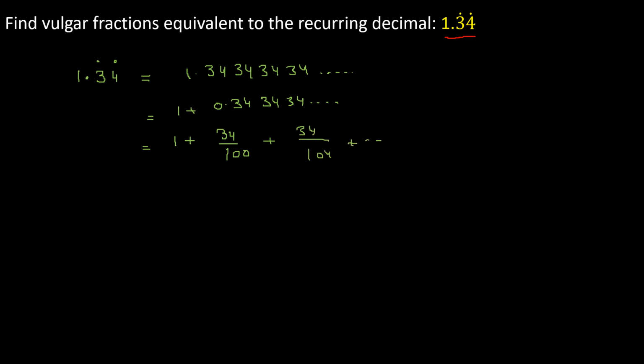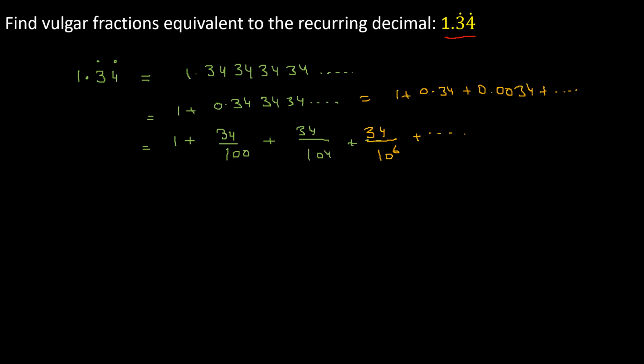Are you confused here? Let me explain it more. It is actually 1 plus 0.34 plus 0.0034 plus so on, right? So next term will be 34 over 10 raised to power 6 plus so on.